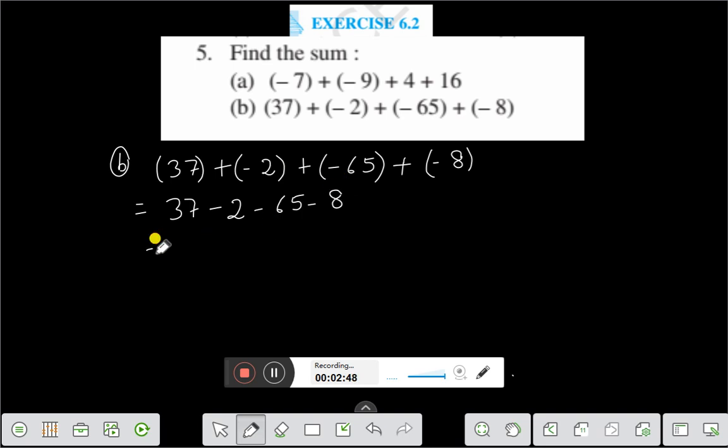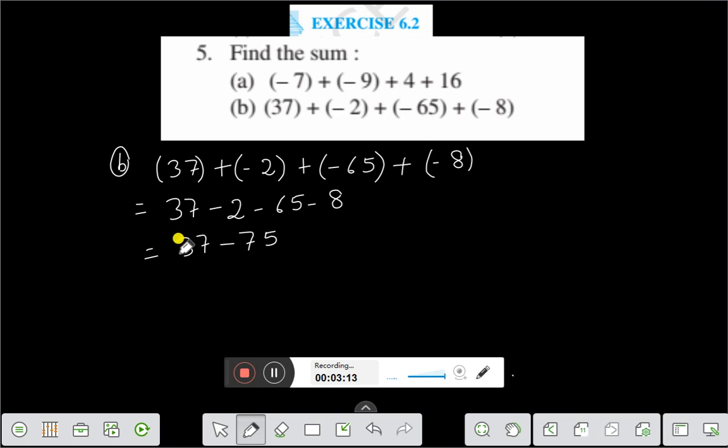Now it is 37. Here you see all the numbers have the same symbol, that means you have to add all the numbers, right? 2 plus 8 is 10, 10 plus 65 is 75, minus 75.